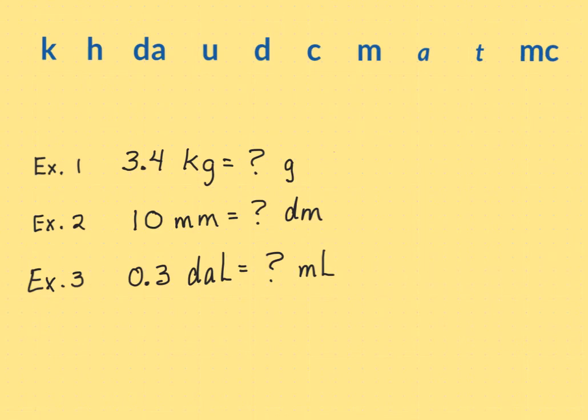We have, for example 1, 3.4 kilograms equals how many grams? All right, so I'm going to write my 3.4 over here, and from my prefix letters up here, I'm going to go from kilograms all the way over to grams because this is my unit. If it helps, you can go ahead and write the base unit, grams, meters, or liters, above the U there.